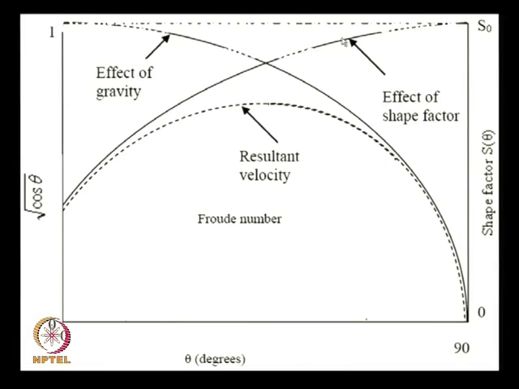There is an opposing effect, due to which the resultant velocity profile is as shown. It is maximum around a range of 40 to 50 degrees, and lower for vertical and for more horizontal cases. So, this is the way in which inclination affects it.